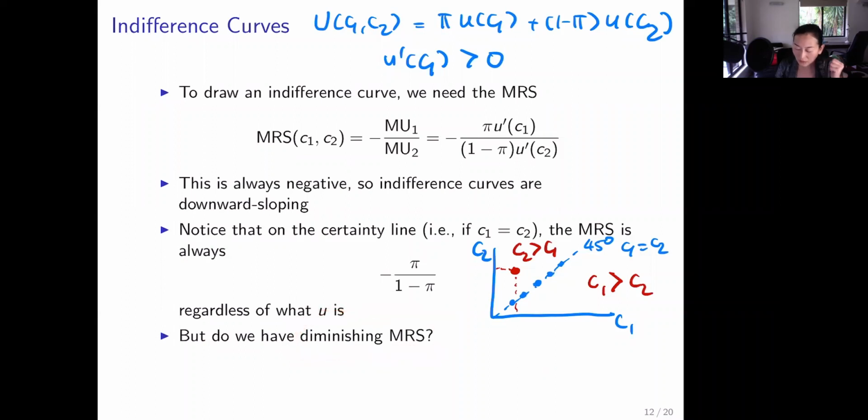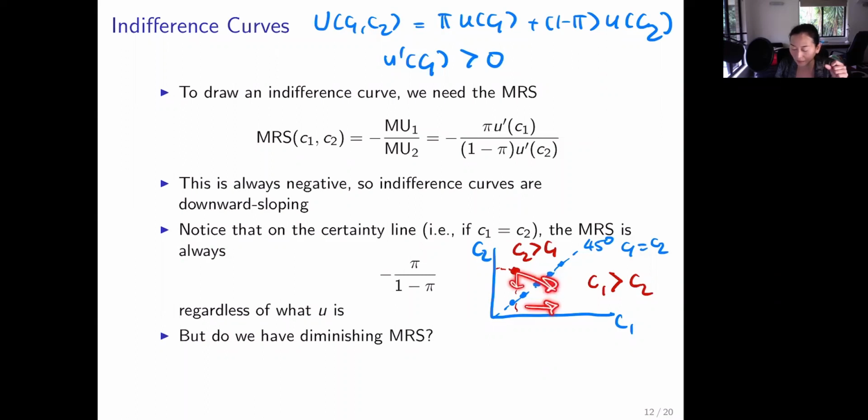Diminishing marginal rate of substitution means that when you increase one consumption, you will need to substitute, you are sacrificing the other good. So if you move here, you consume more C1 but less C2.